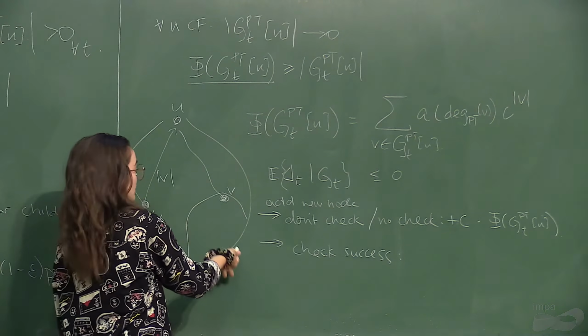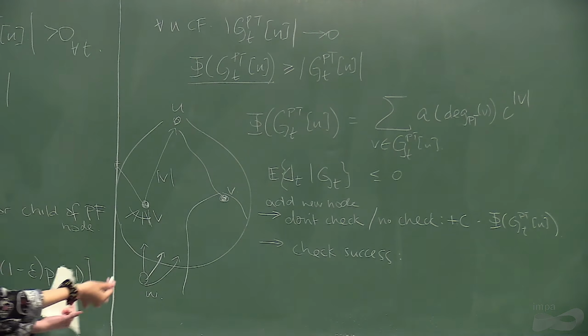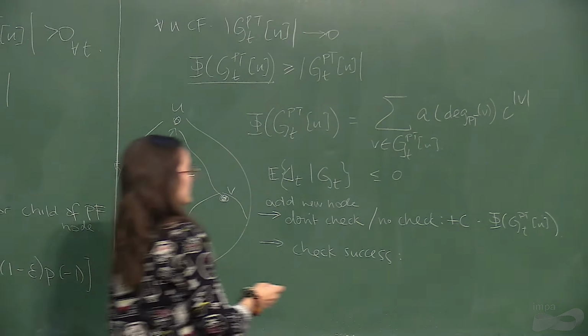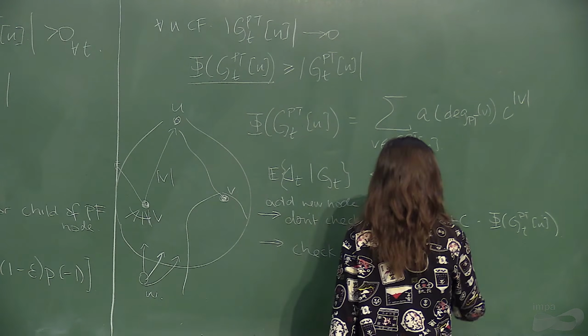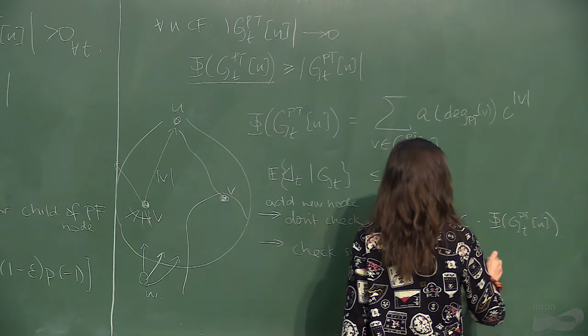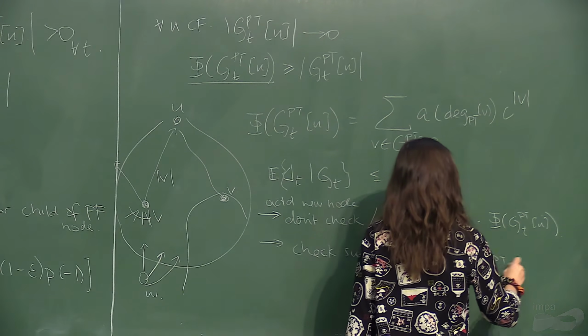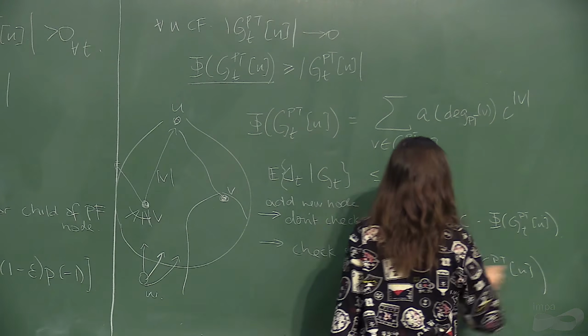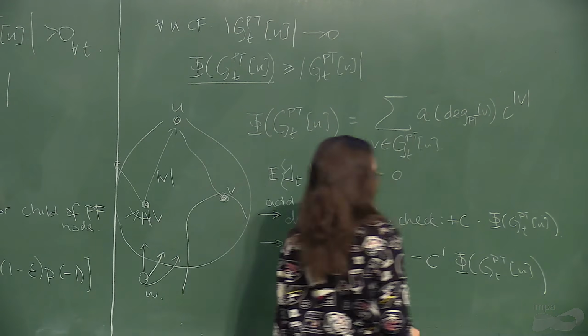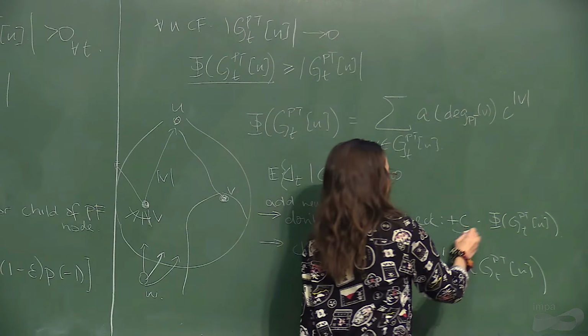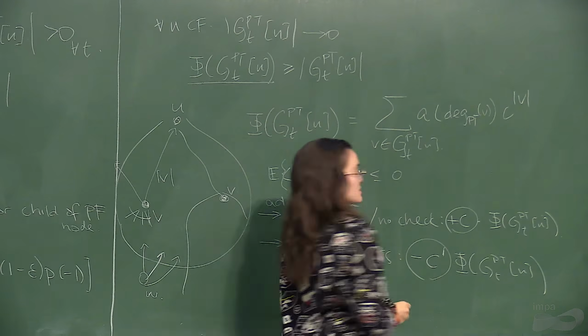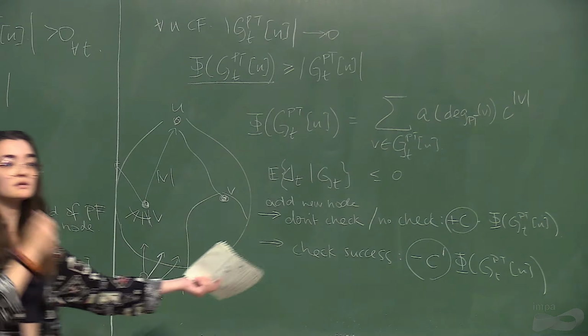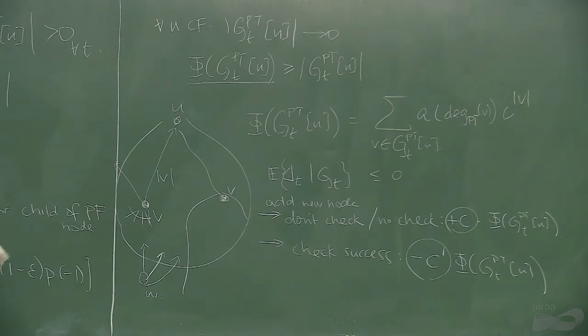And so you're going to get a multiplicative decrease again here. So here you're going to get a negative C prime phi. And then by setting your parameters correctly, you can optimize these and then figure out that it's going to be what you want.